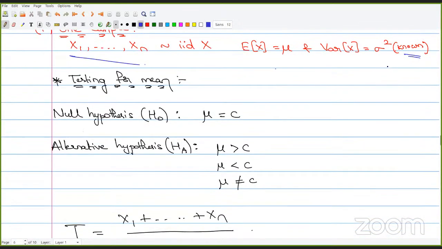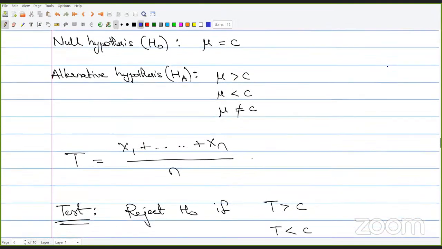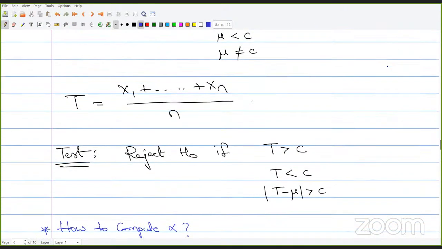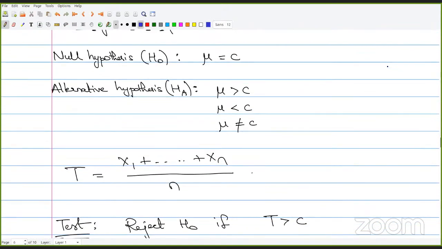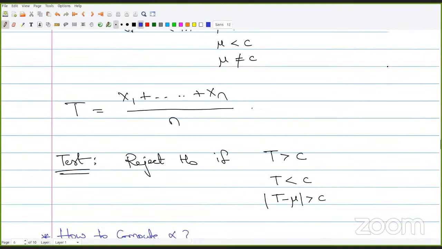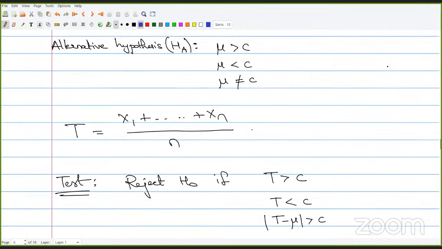The test statistic will be the sample mean, and the alternative may be mu greater than C, mu less than C, or mu not equal to C. The test will follow the same signs. If the alternative is mu greater than C, we reject the null if our test statistic value is greater than some critical value. If it is less, it will be less.